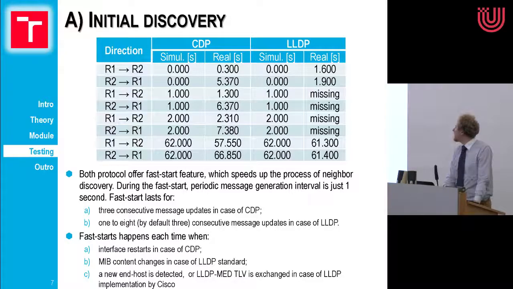So over here on the table you can see the comparison between timestamps of CDP in the simulation and in the real network, where you can see they are somehow comparable if you just close your eyes.